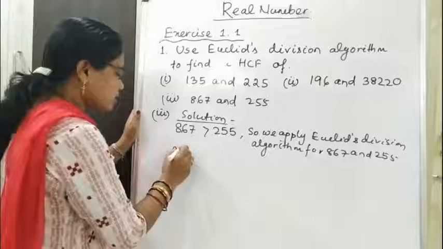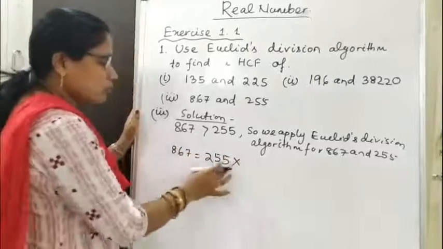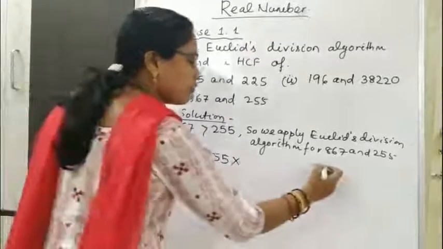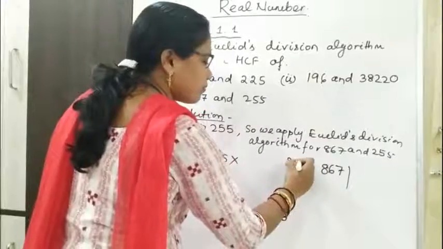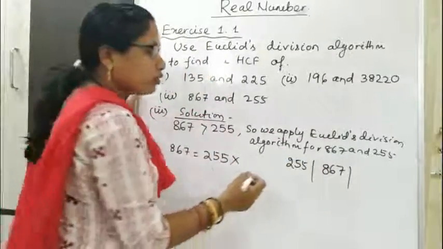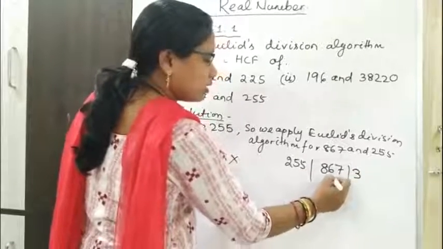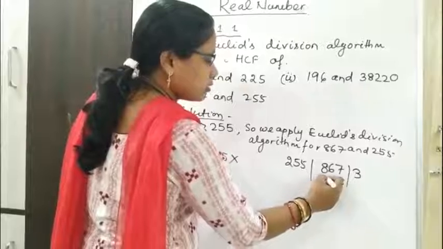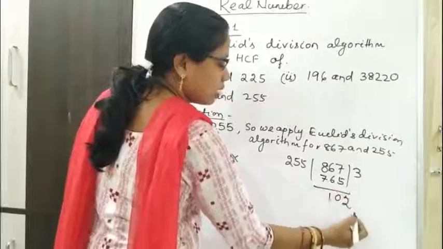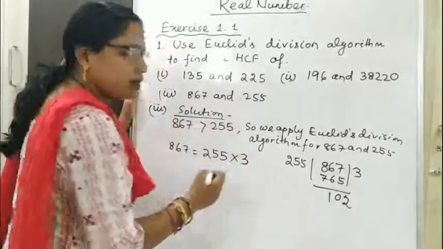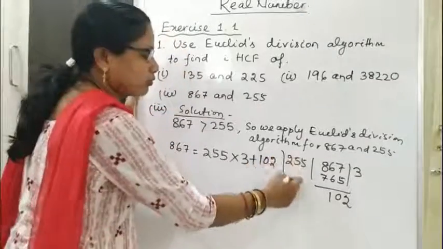So 867 is equal to 255 into, to find the quotient we divide 867 by 255. This is 3. So 255 multiplied by 3 plus the remainder, which is 102.